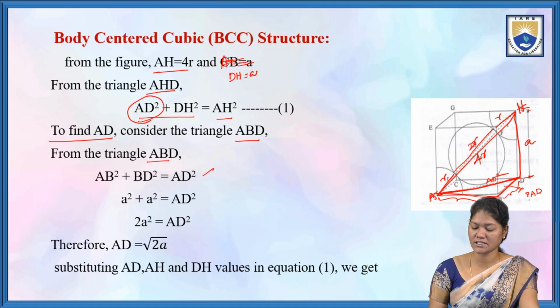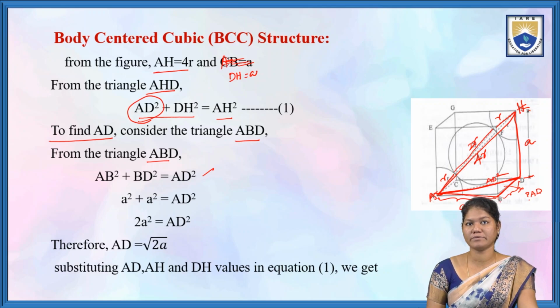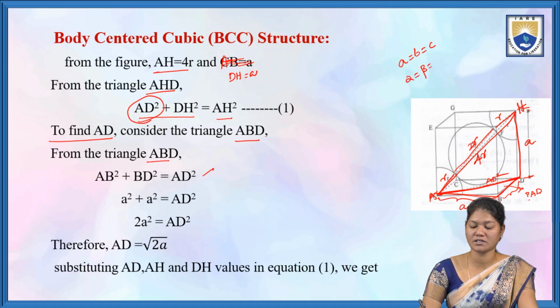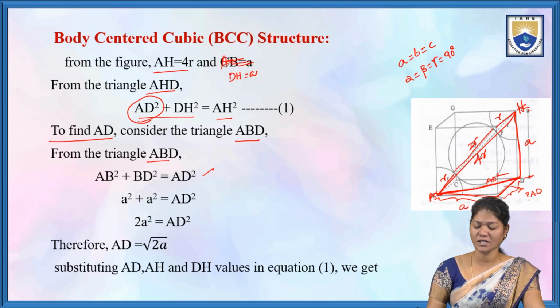So what is this AB? As this is a cube, all sides have the same dimensions A. That is, for a cube, A is equal to B is equal to C, and the interfacial angles alpha is equal to beta is equal to gamma, that is equal to 90 degrees. So to find AD, we are taking the triangle ABD.